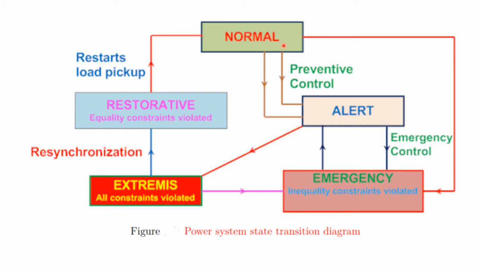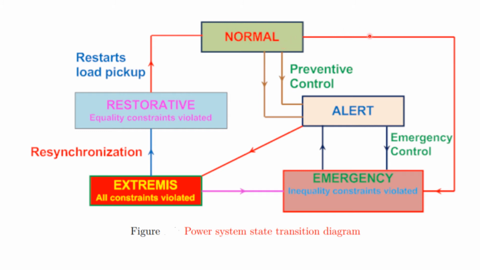Then transformers and generators are operated within their specified ratings. Load scheduling, everything we should take care of. So normal means it satisfies both the constraints, equality constraint as well as inequality constraint.